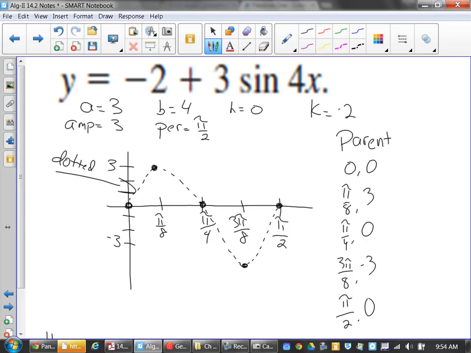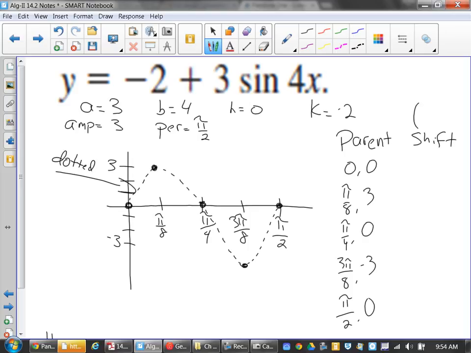Those are all my parent function ordered pairs. To each of those ordered pairs for the shift, remember how we did this with logs and exponential? We would write out what your h and k is going to be. Sometimes it's easier for people to see that because it's easier to write your ordered pairs, especially when we have h shifts with fractions. It'll be a little bit easier to add and subtract.